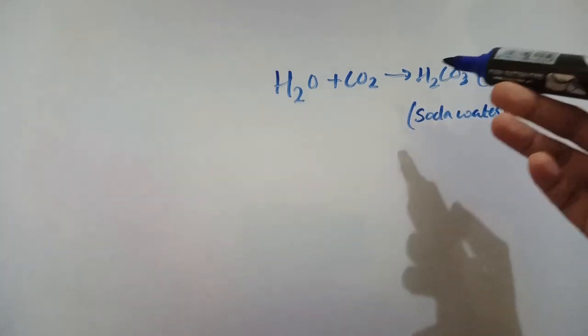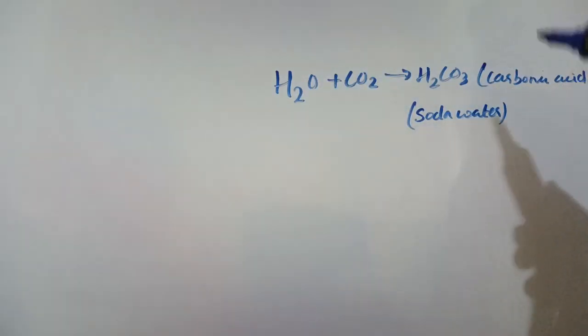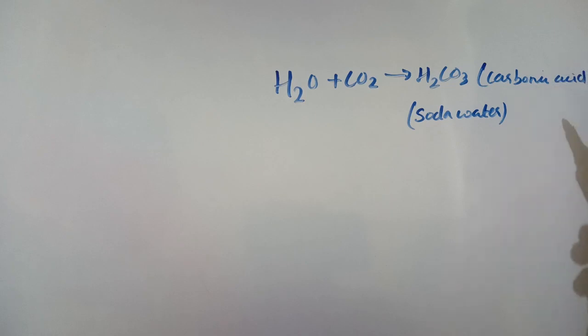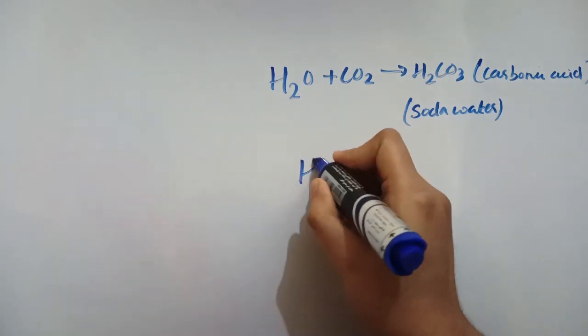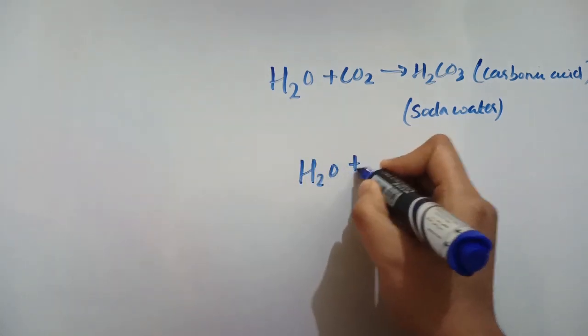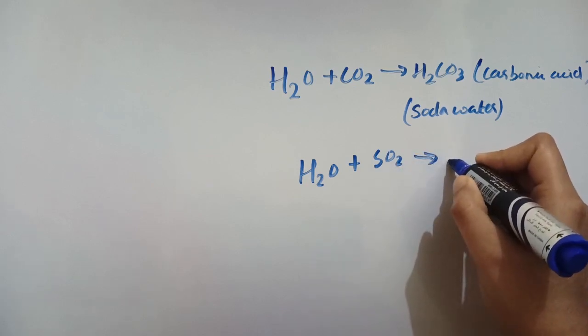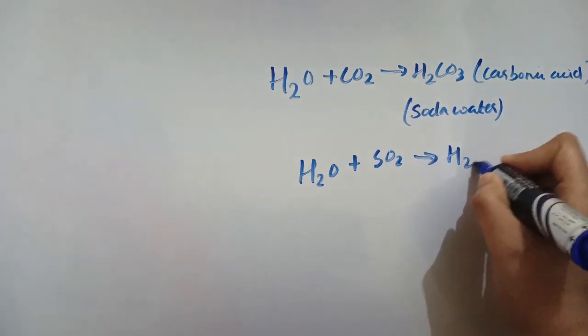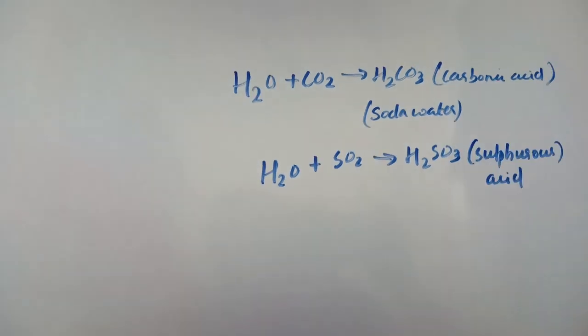So we can say carbon dioxide is dissolved in water to make soda water or carbonic acid. Similarly, when SO2 is dissolved in water, it forms H2SO3, that is sulfurous acid.